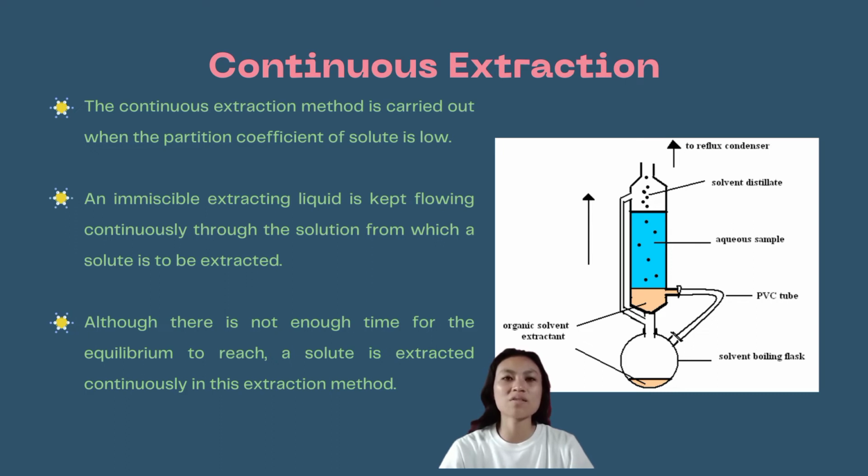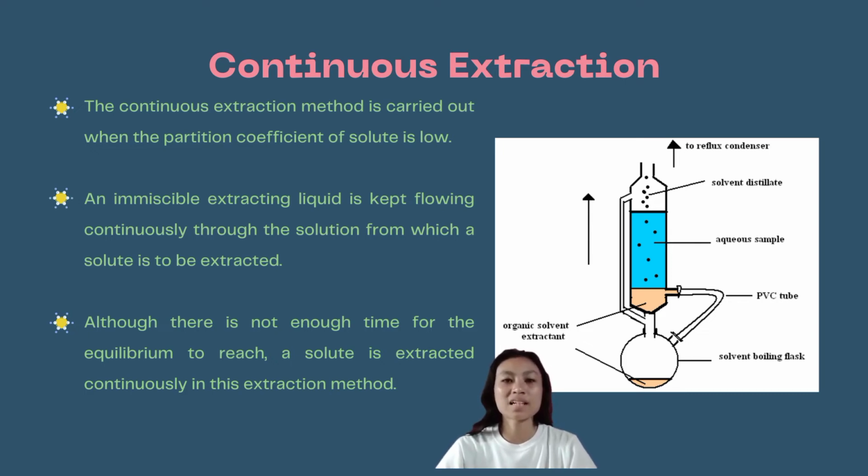Continuous extraction devices operate on the same general principle, which consists of distilling the extracting solvent from a boiler flask, condensing it, and passing it continuously through the solution being extracted. The extracting liquid separates out and flows back into the receiving flask, where it is again evaporated and recycled while the extracted solute remains in the receiving flask.